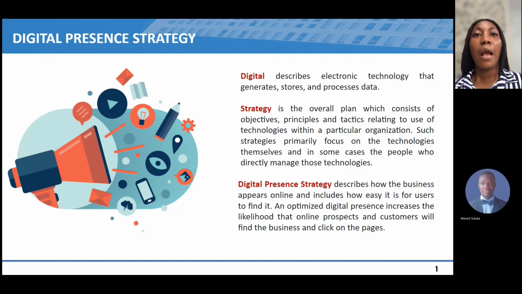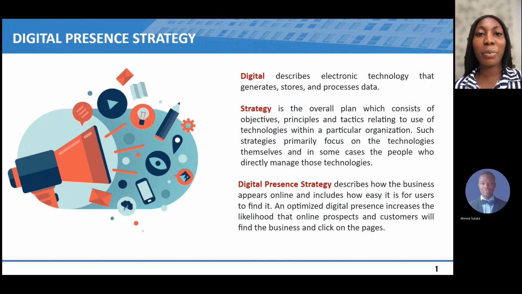Moving forward, based on the key terms defined, what then is digital presence strategy? Digital presence strategy describes how the business appears online and includes how easy it is for users to find it. When people use Google search or any other search engine, they are presented with relevant results according to the search engine algorithm.